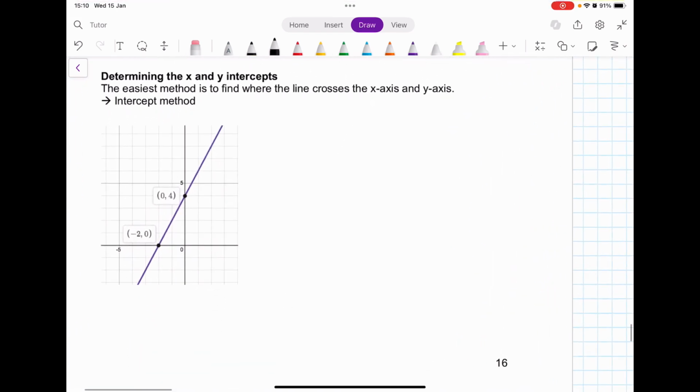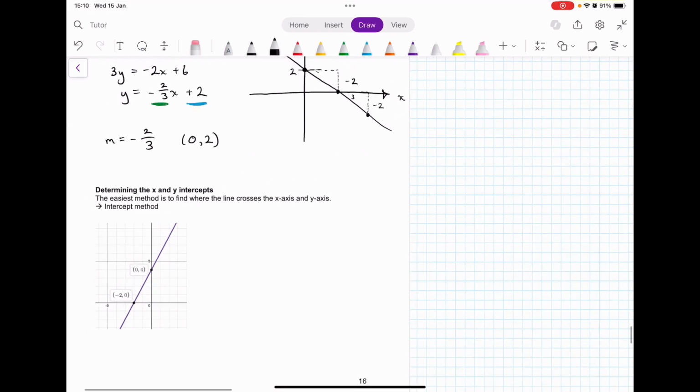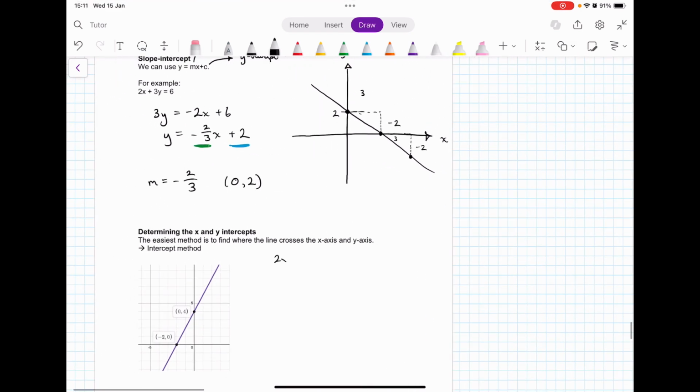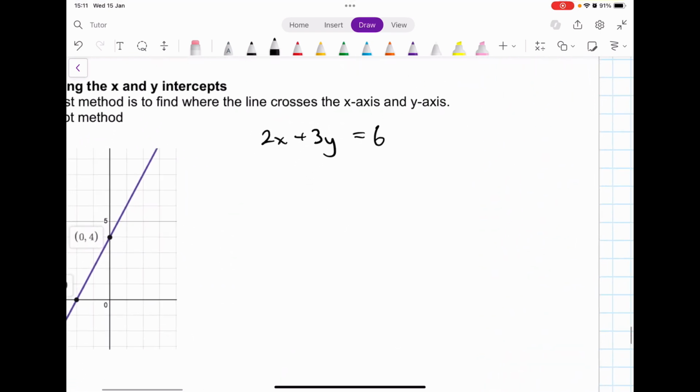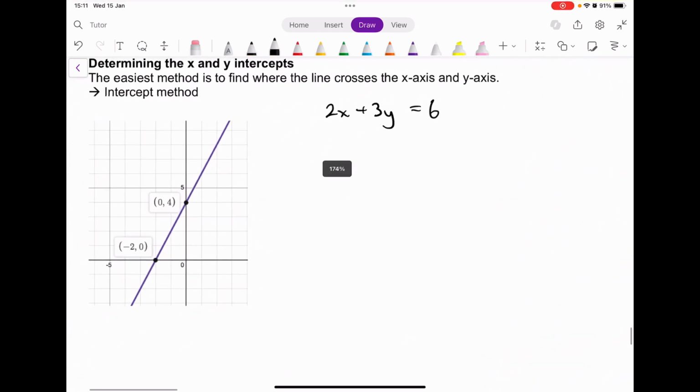This is another method. So if we take the same line again, 2x plus 3y is equal to 6, rather than figuring out the slope of the line and the y-intercept using y is equal to mx plus c, we can simply use the fact that when the line intercepts the y-axis, the y-intercept, we know the x value is going to be 0, right?